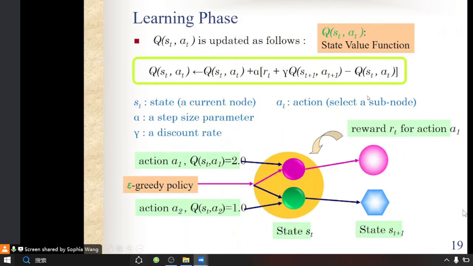And of course, in the learning phase, for the reinforcement learning, this should be calculated. The Q value should be updated because this is the online learning process. Online learning means that when you finish your task, maybe you are correct, maybe you are wrong. If your prediction is correct, then the reward will be positive.